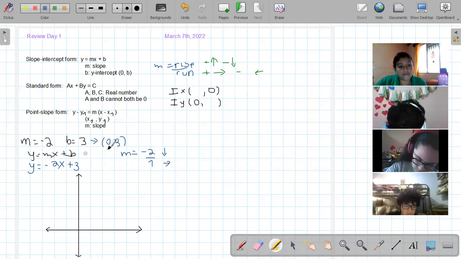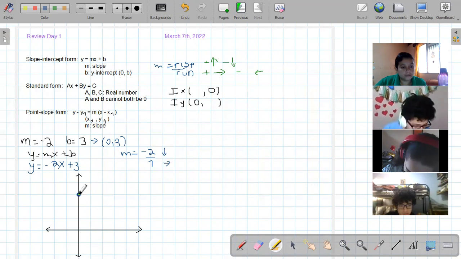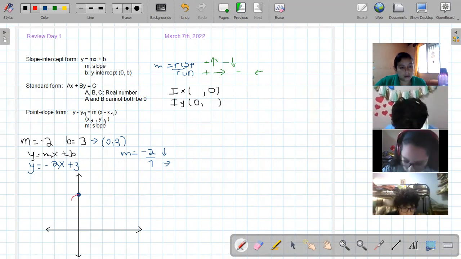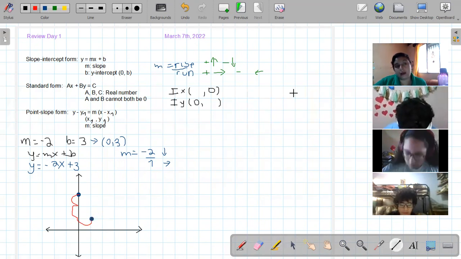So we're going to start graphing the intercept 0, 3. From that point, I'm going down 2 units and 1 unit to the right. Right there is where I'm placing my second point. And what do I do now? I just connect those 2 points with a straight line, passing through the center of each point, using a ruler.